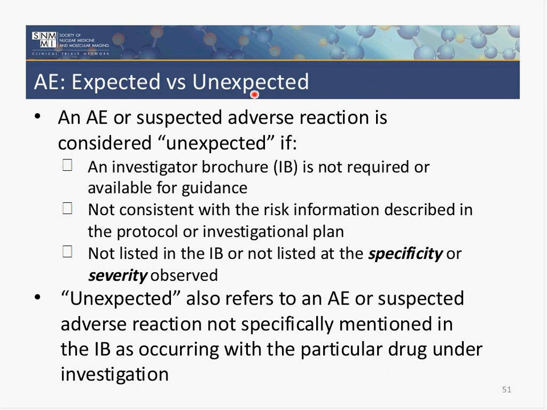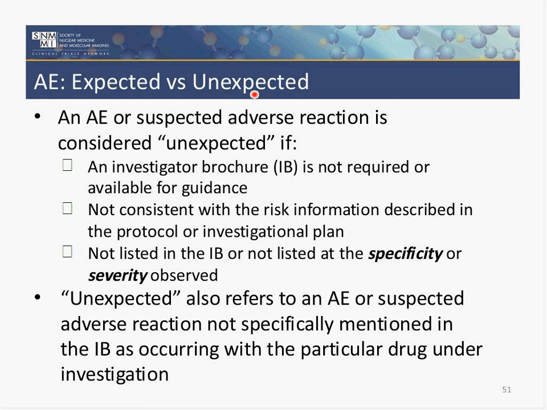Now, expected versus unexpected. Any drug has a list of expected reactions. For example, if you're testing a pharmacologic test agent for nuclear cardiology, it's likely that many patients will have a feeling of heat or a flushing sensation.